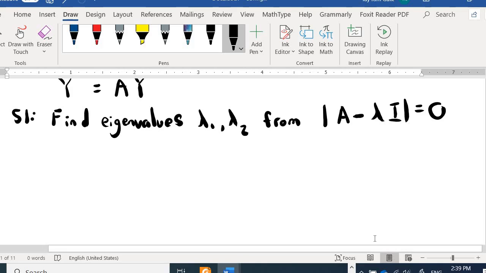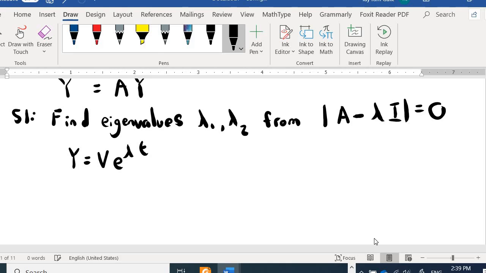From yesterday, we already said we assume the solution of y is an eigenvector v multiplied by exponent lambda t. That's why we need to find the eigenvalue first.